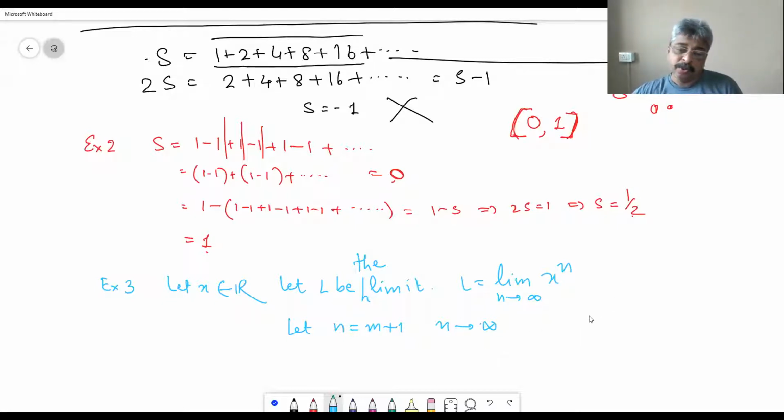What will happen to m plus 1? M plus 1 tends to infinity, which means m tends to infinity. Correct?